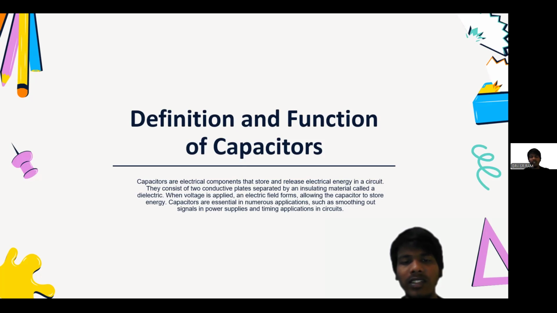When voltage is applied, an electric field forms, allowing the capacitor to store energy. Capacitors are essential in numerous applications, such as smoothing out signals in power supplies and timing applications in circuits.